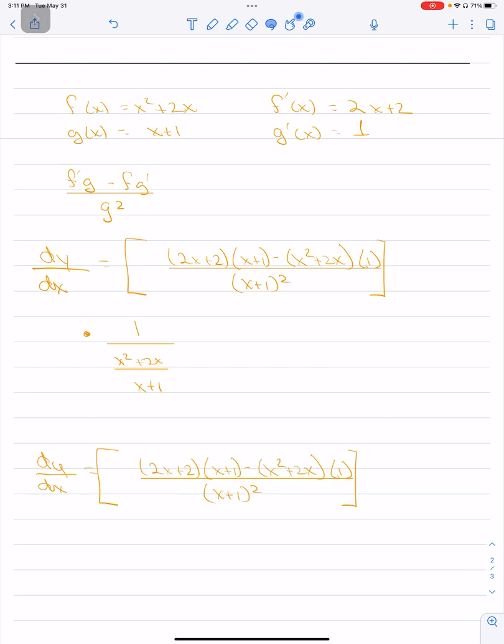And then it's going to get multiplied by this stuff here, just inverted. So that'll be times x plus 1 all over x squared plus 2x. And of course, there'd be some simplification to do in here, multiplying out, collecting terms. There might be things that factor, and then you'd have the bottom factors there.